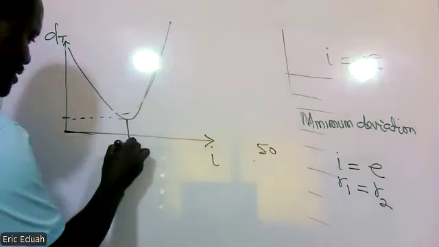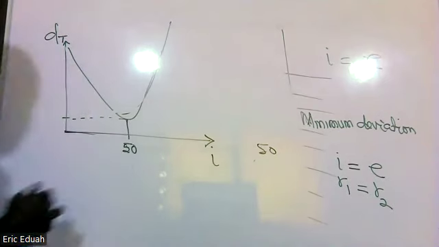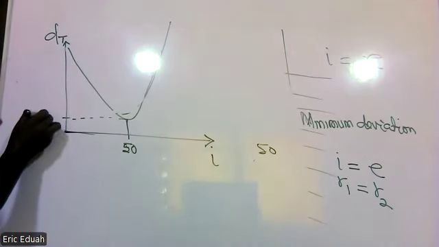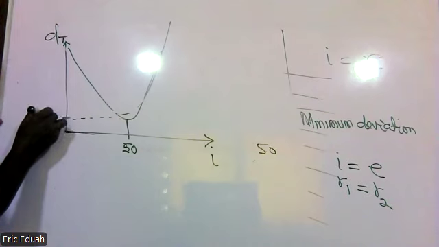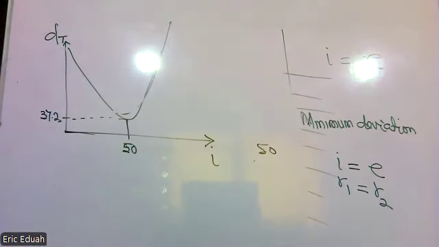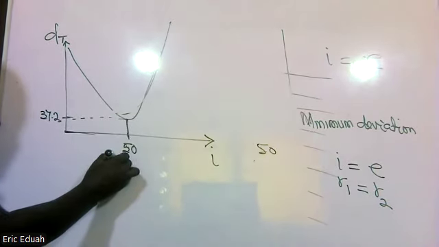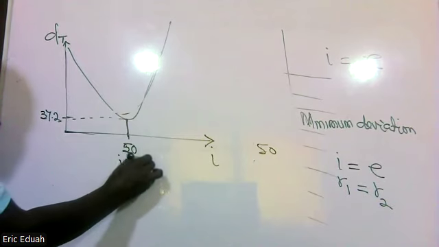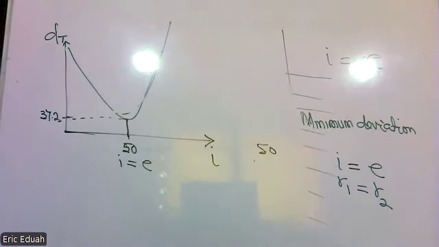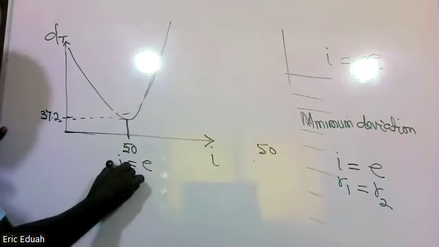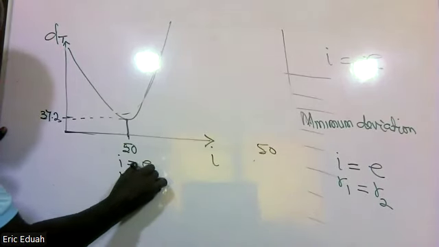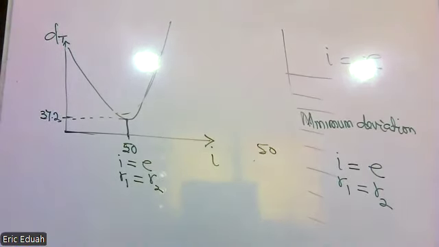So this will be that angle 50. Then 37.2 will be the minimum deviation. And at this particular angle, that is where we have I equal to E. Then we also have R1 being equal to R2.